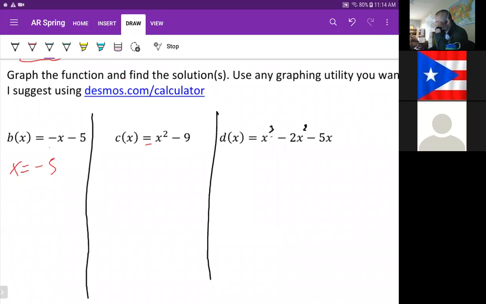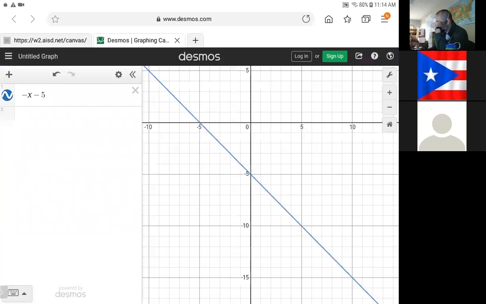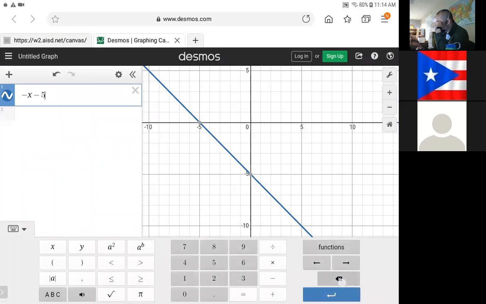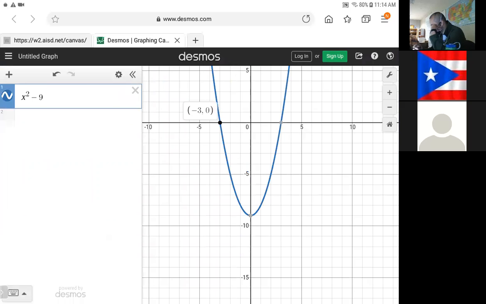So this one, it's 2. So you're going to have 2 solutions. x squared minus 9. Type in x squared minus 9, and if you click on those points there, it'll actually tell you them. So -3, +3.